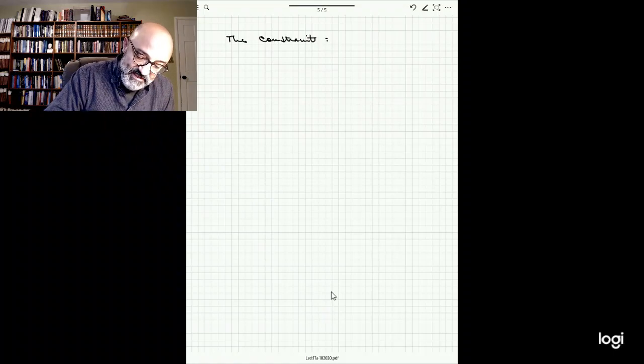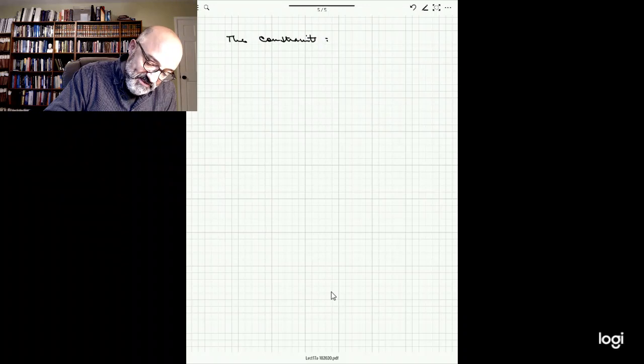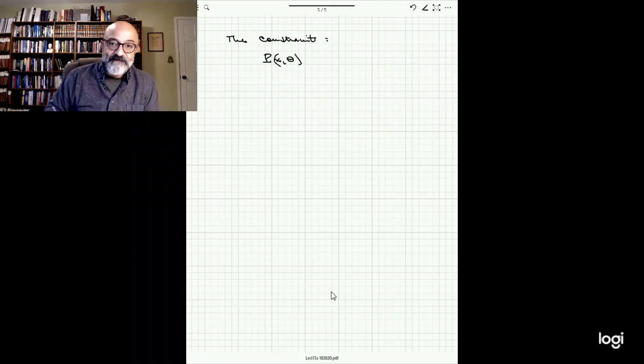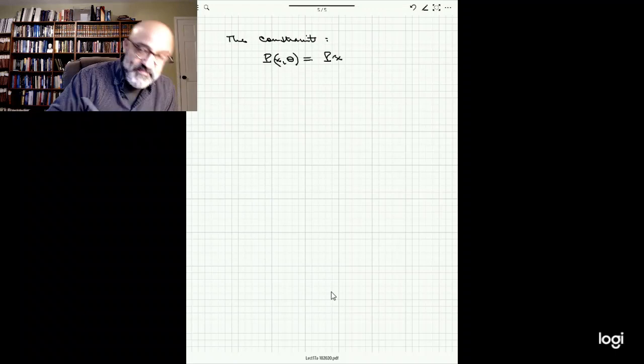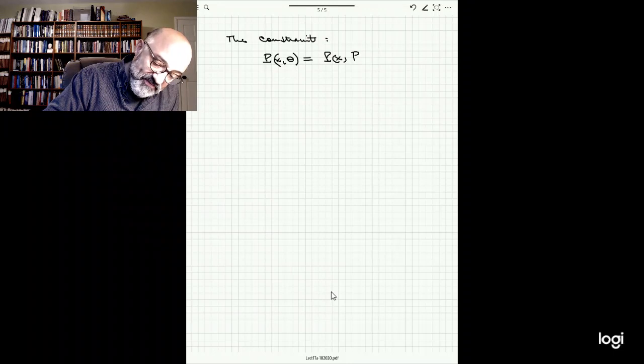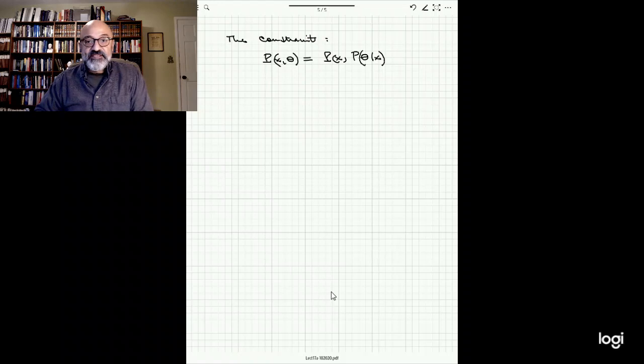The constraint is that when you look at the possible posteriors, we can always use the product rule and write the posterior as the probability of x and then the probability of theta given x.